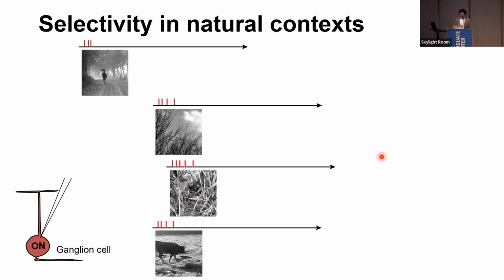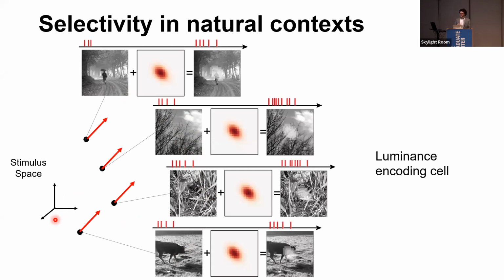So now, if we measure these local STAs for a lot of x0s, so a lot of natural images across the stimulus space, and we imagine that this sensory neuron is encoding luminance increases, for example, then we would expect to be in a situation like this one, where no matter around what point you measure the gradient, you will always have the gradient be parallel, either on or off.